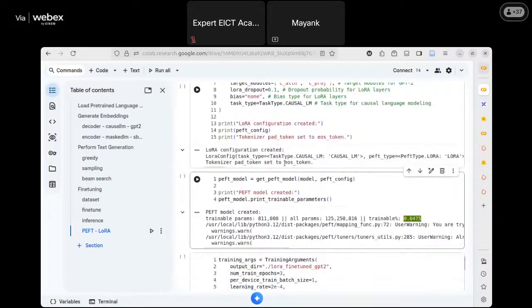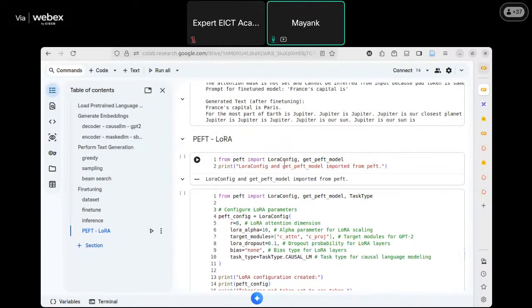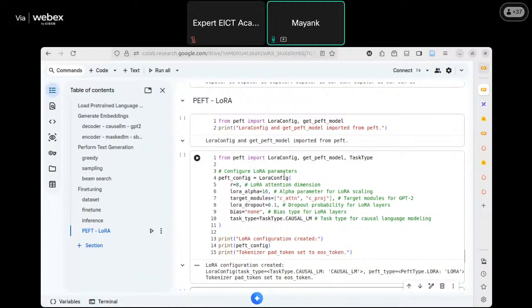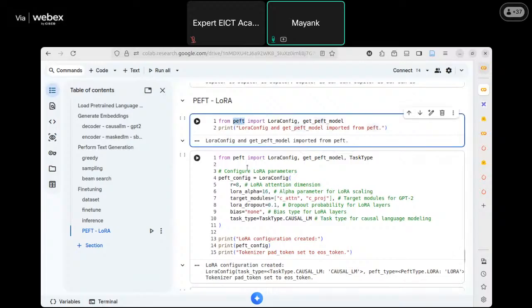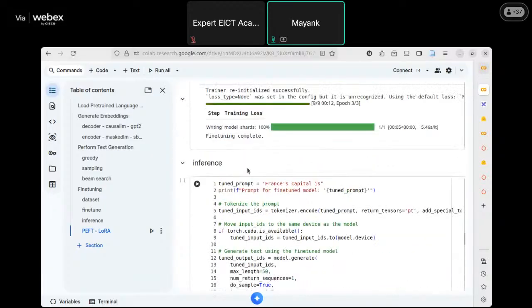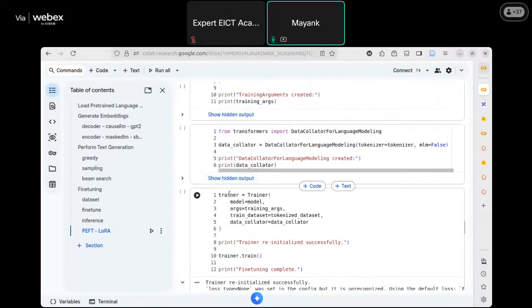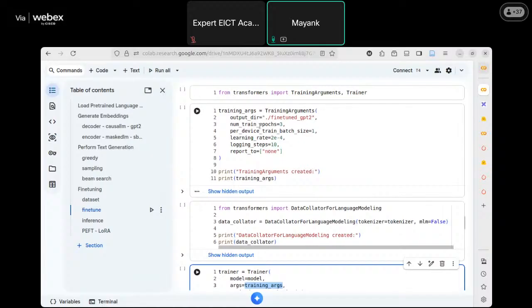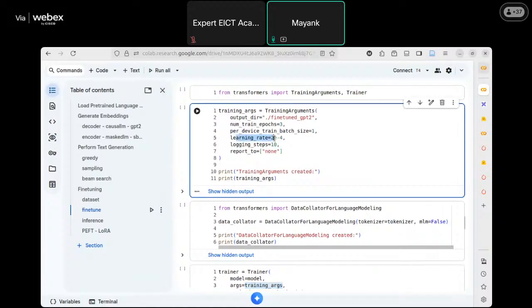So this is the gain that we get out of PEFT. In case of implementation, it's not very hard. The same provider, Hugging Face, also provides us with a library called PEFT. Yesterday, when we had to train the model, we were using a trainer class, and we were giving it our model, some training arguments in which we had decided what our learning rate is going to be, how many epochs we want to train for, and where to store our output model.